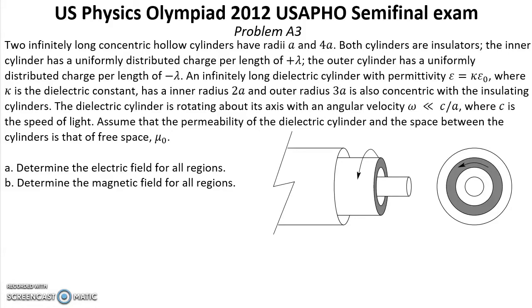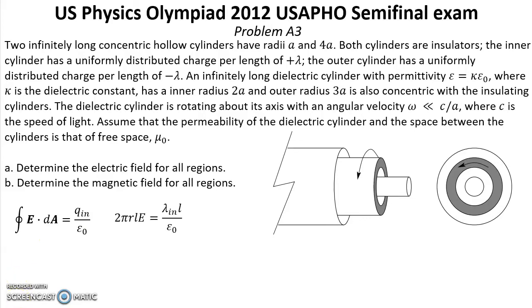We can construct a Gaussian cylinder with the length L and concentric with this construction with the radius R. So for this cylinder we can use a Gaussian formula that integral due to surface of side of this cylinder equal Q in over epsilon 0, where Q in is charge inside of this cylinder.